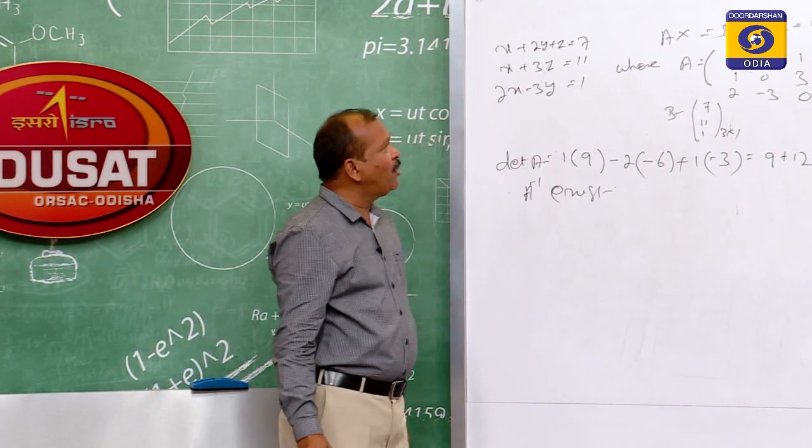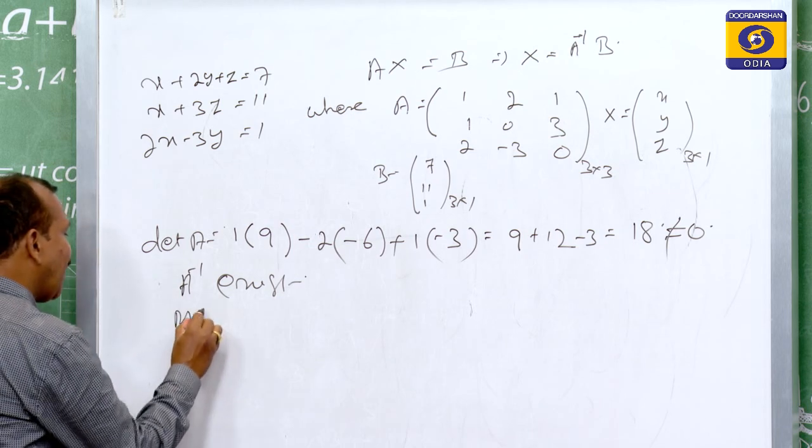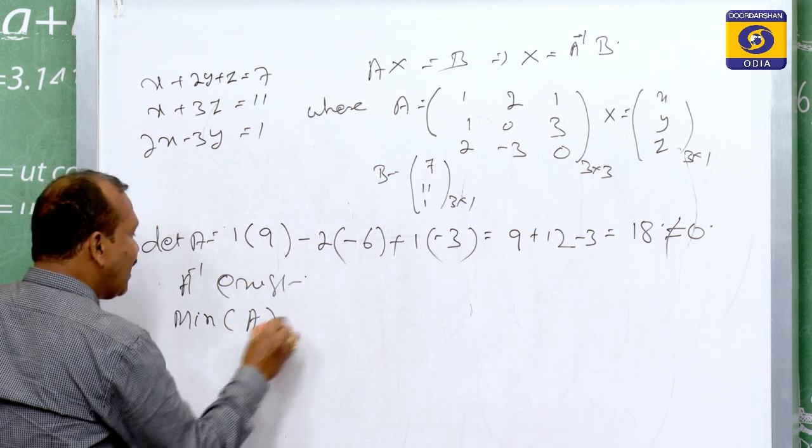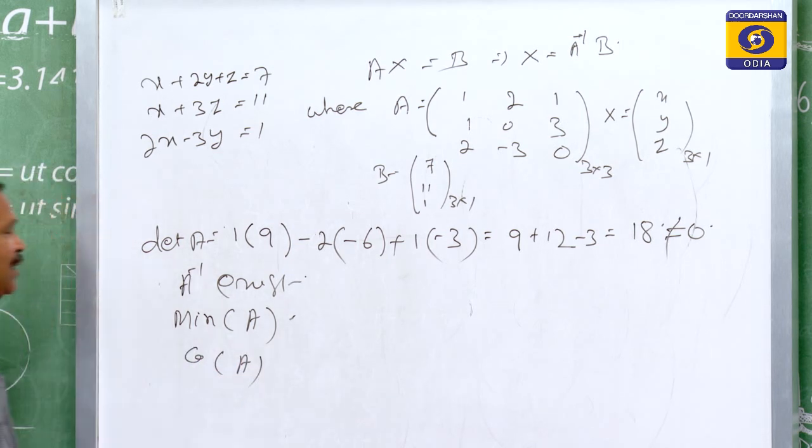Next we have to find the adjoint matrix: find the minor matrix of A, then find the cofactor of the minor matrix.